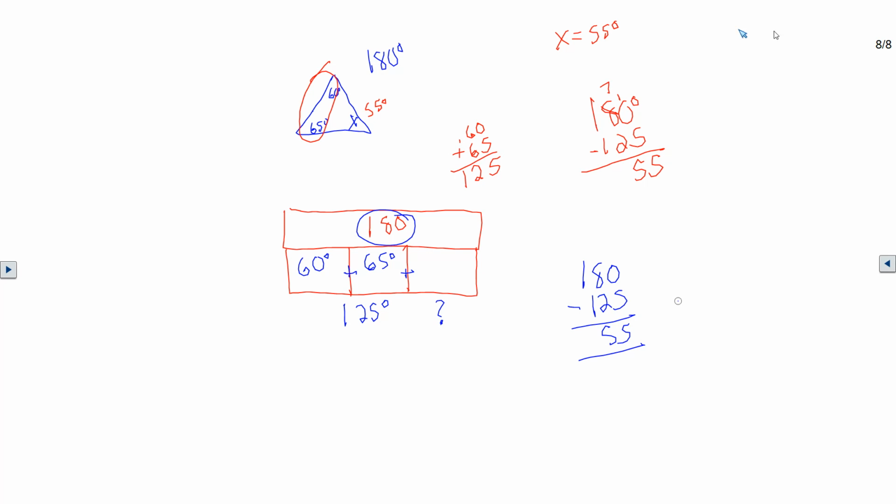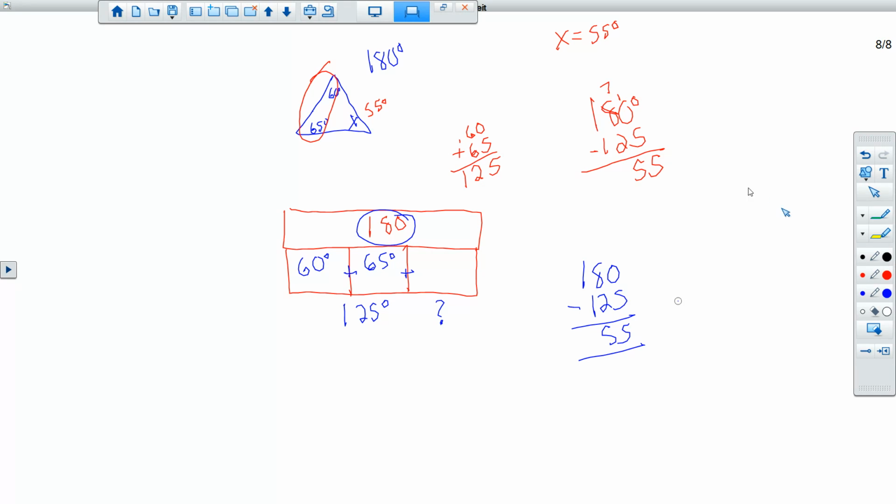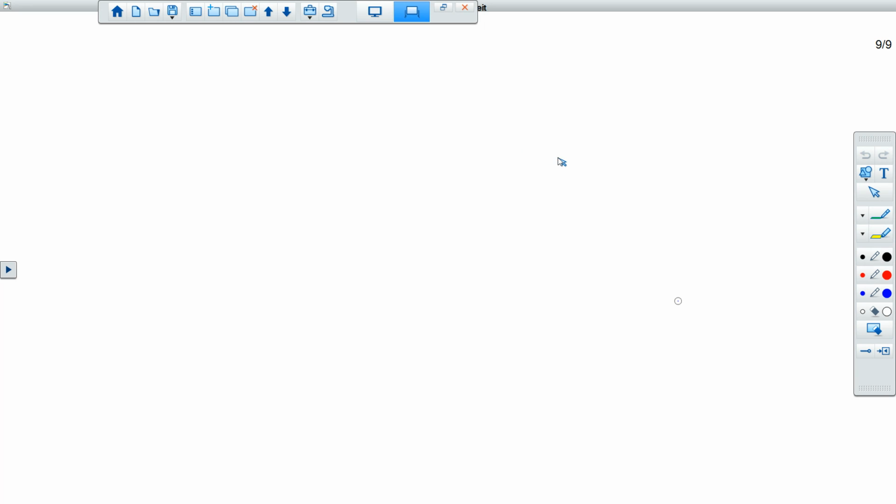But let's do another one really quick. Let's go to a new page here, and I'm going to put a couple of them on here. I'm not trying to draw these to scale, but let's say that this one here was 70 degrees and this one here was 35 degrees.